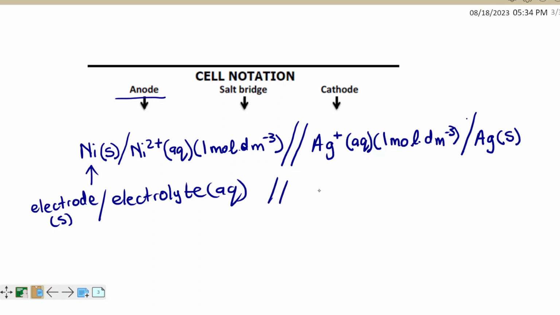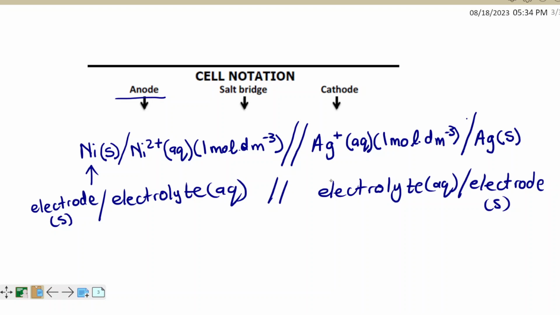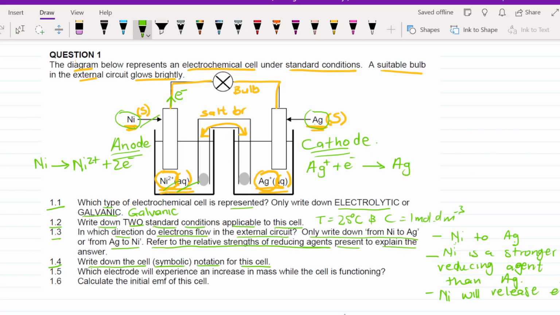Then you have your double forward slash, which represents the salt bridge. Then you come again to the electrolyte of this one in the aqueous form, forward slash. Then you write your electrode in the solid form. So this is normally 2 marks. Then let's look now at the last question.